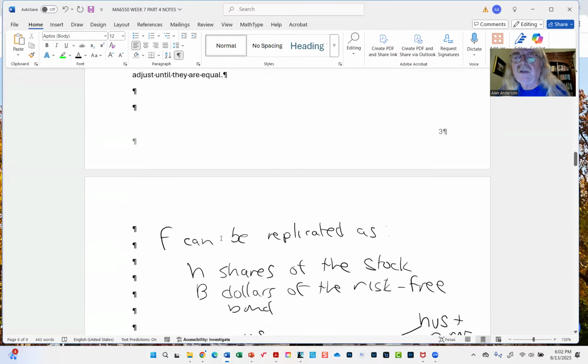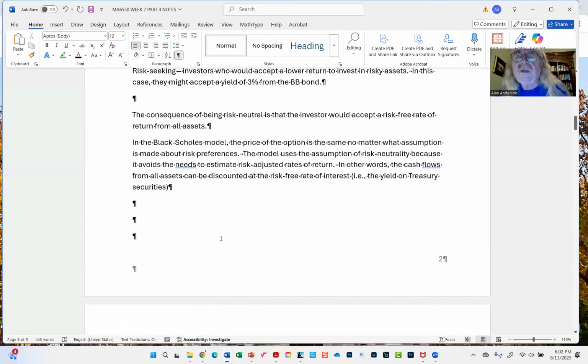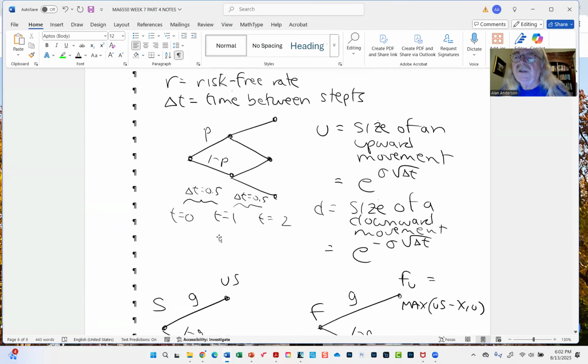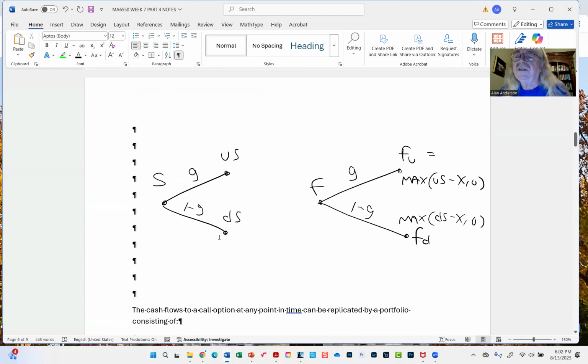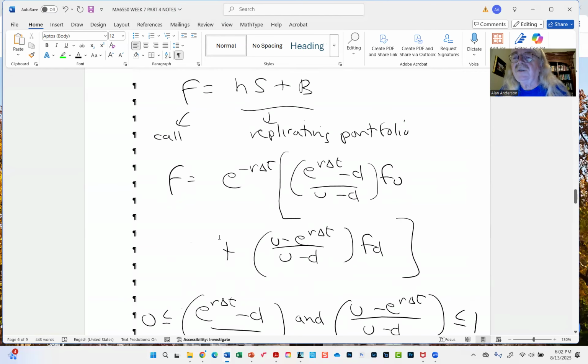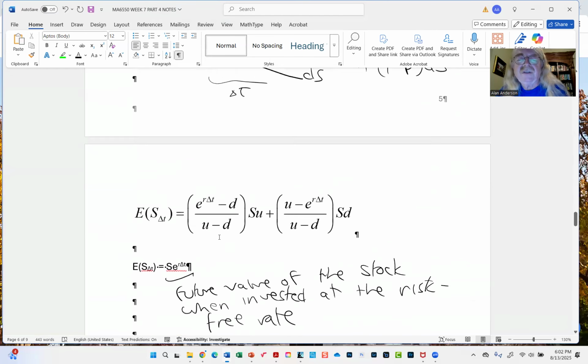So I wanted you to see how that works, and understand that all option pricing theory is based on this notion of risk neutrality. In fact, all derivatives are priced this way. They're all based on the assumption of risk neutrality because the results are independent of risk preferences.